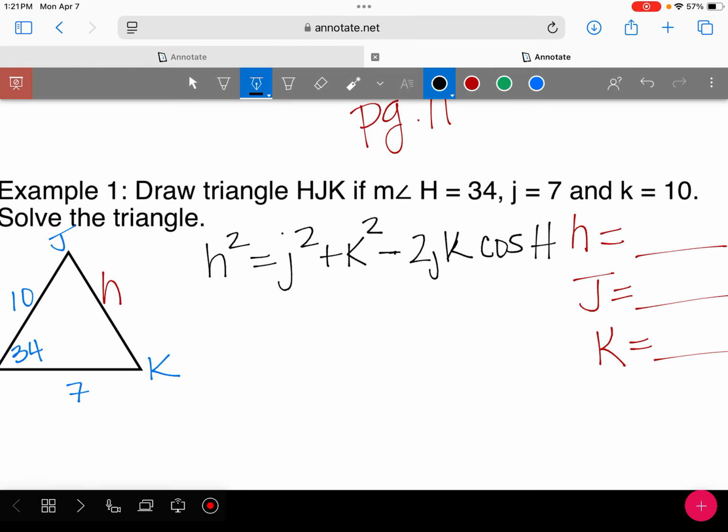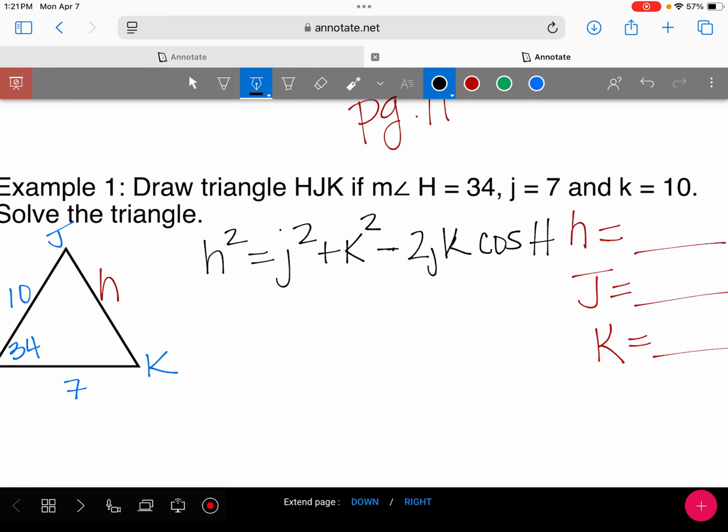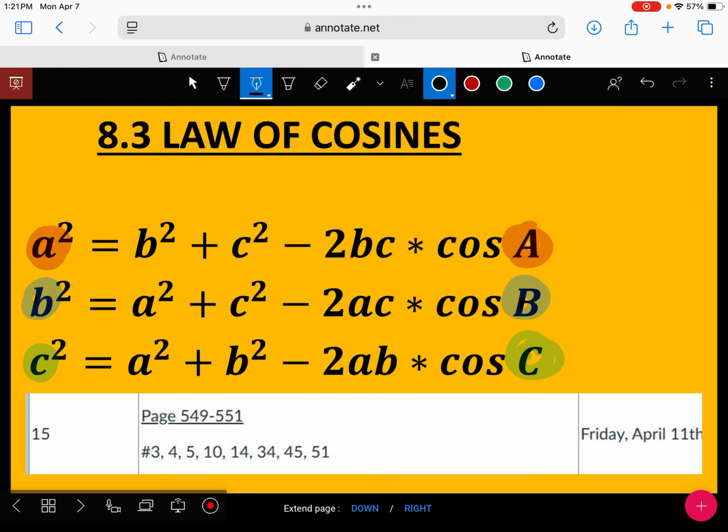Now let's go ahead and start plugging in our numbers. Yes. So how do we know if it's the little k or the big K or the little J? I don't understand the question. But when you go here, if it's a lowercase, these are sides. And then the angles are at the end.